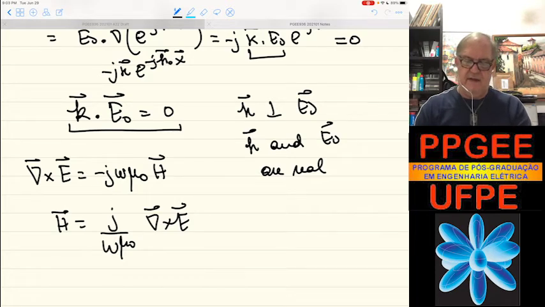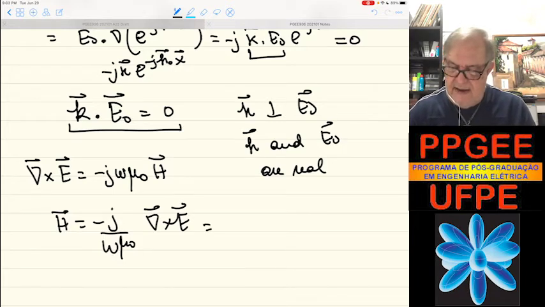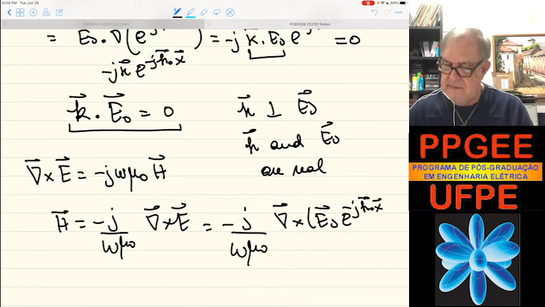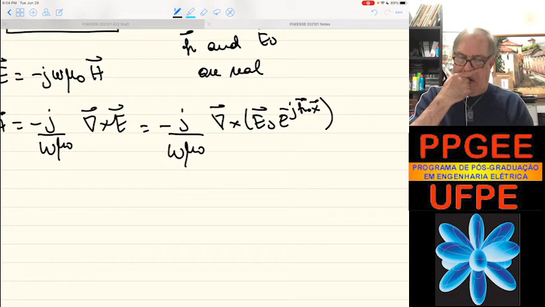Minus j divided by omega mu 0 times curl of, again, a constant vector times complex exponential.